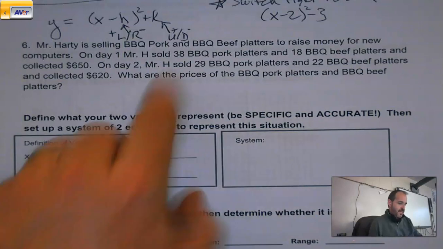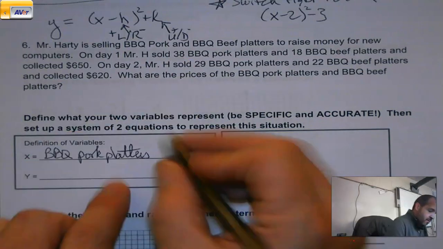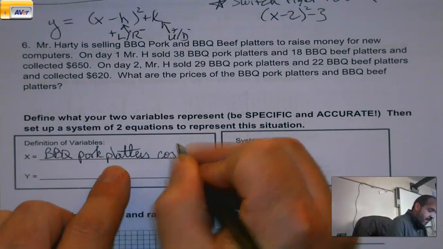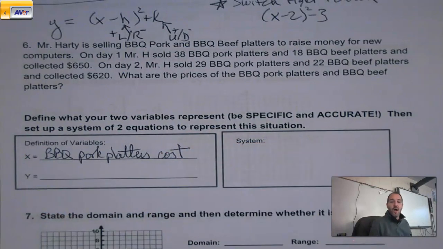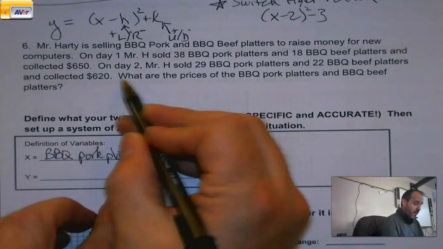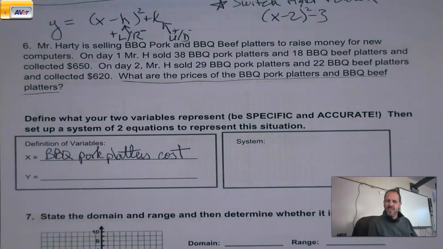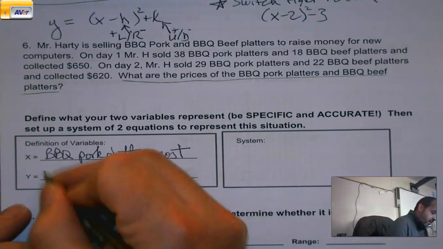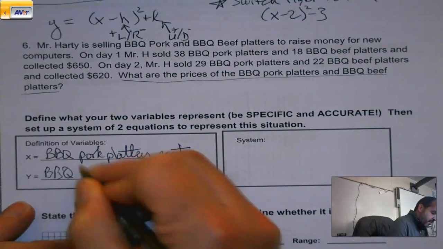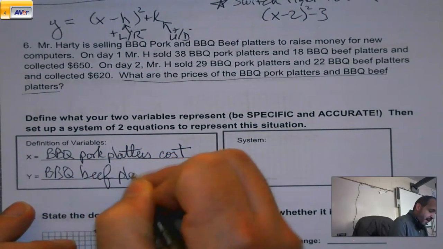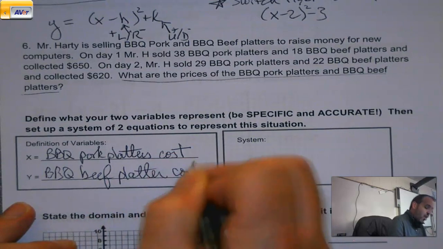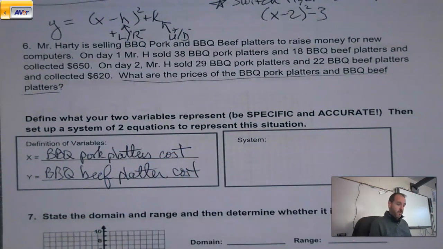But I know how many I sold. But I don't know how much each of them cost. Because it says that right here. What are the prices of those? I need to get that in. You could say price, you could say cost. My other one is the barbecue beef platter. Again, cost. Got to get that in there.